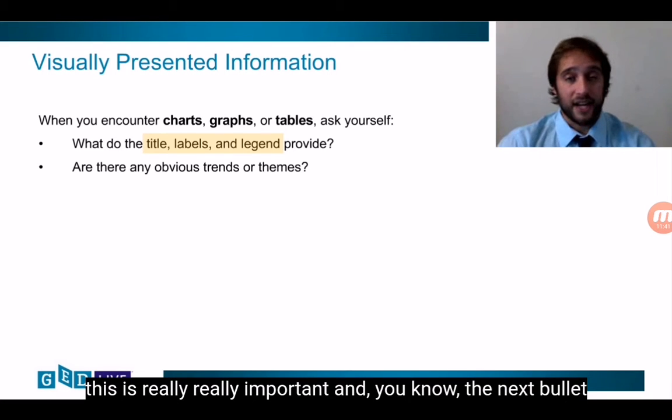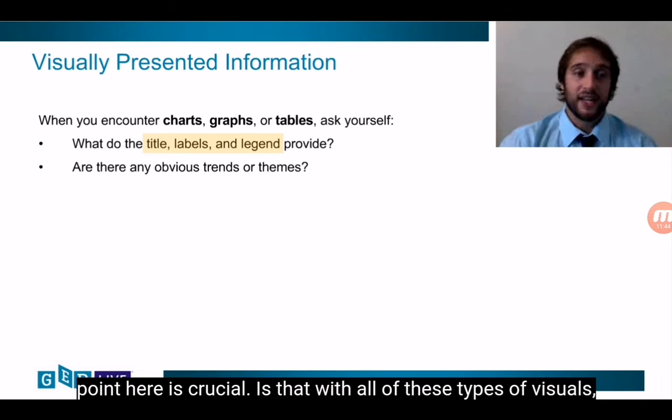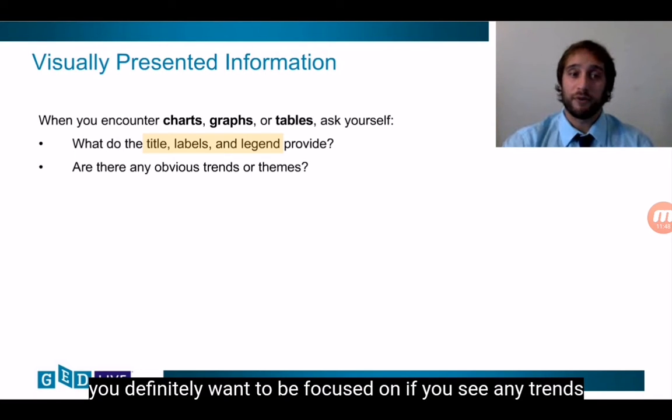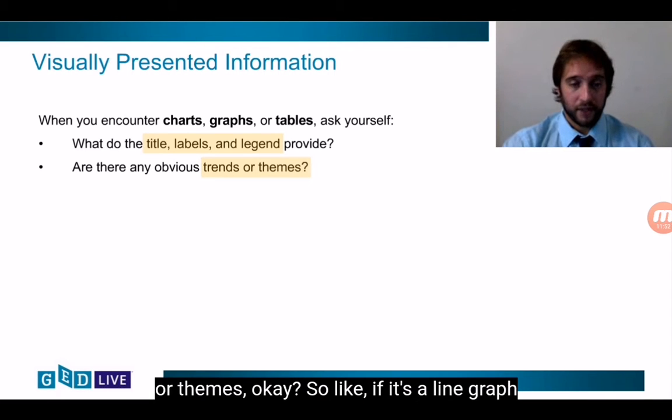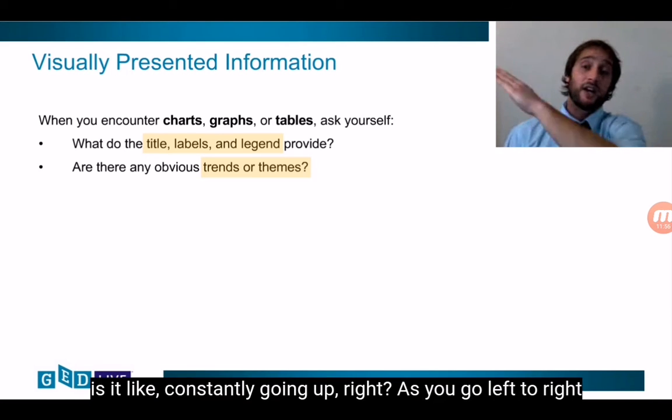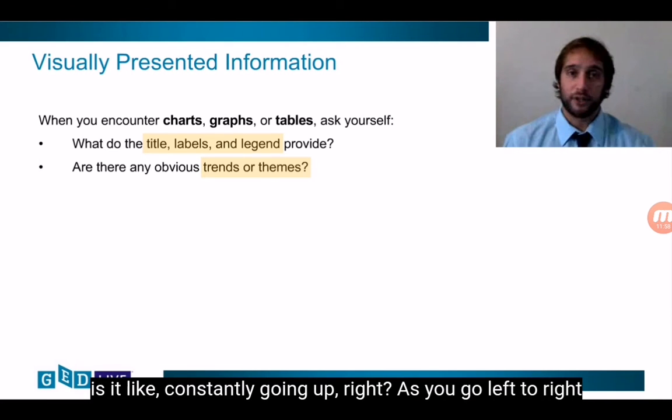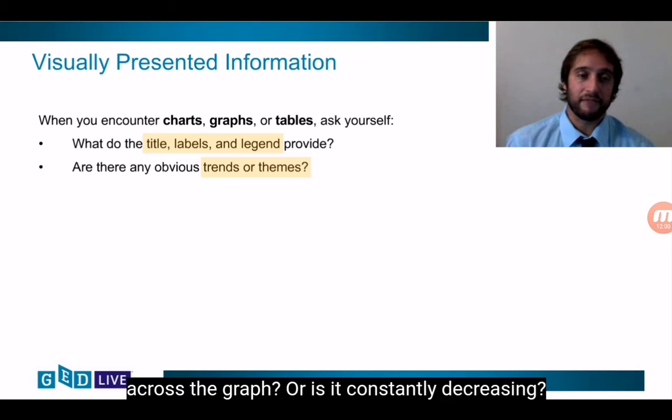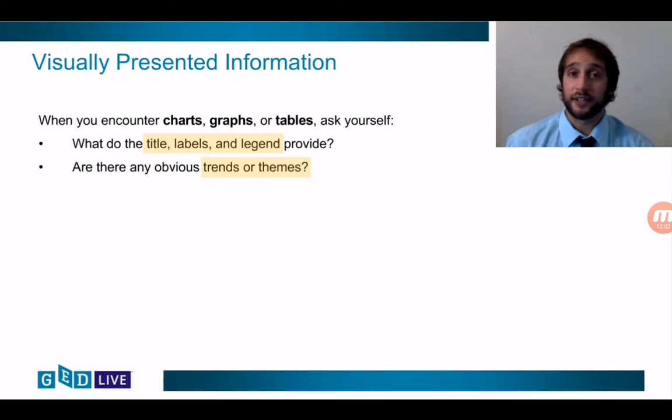And the next bullet point here is crucial, is that with all of these types of visuals, you definitely want to be focused on if you see any trends or themes. Okay? So if it's a line graph, is it constantly going up, right, as you go left to right across the graph? Or is it constantly decreasing?